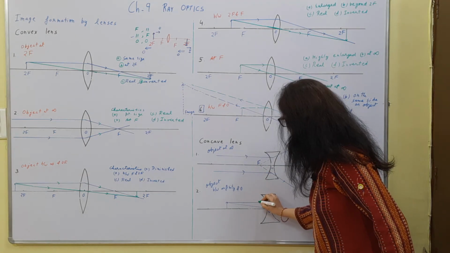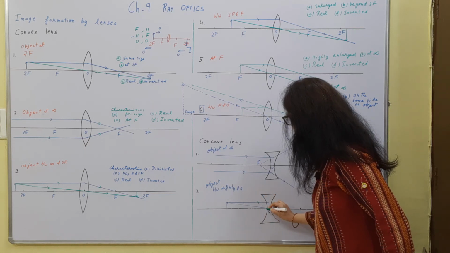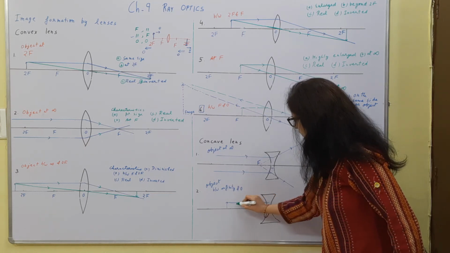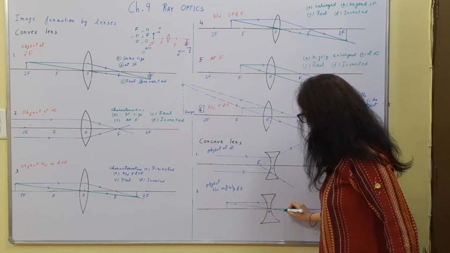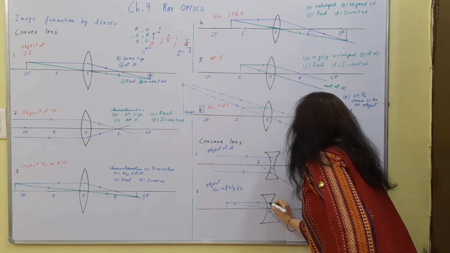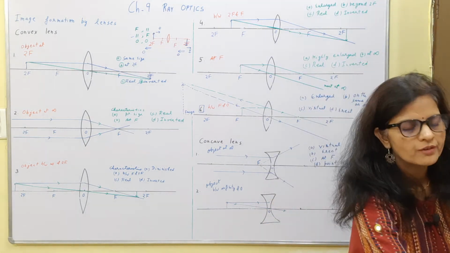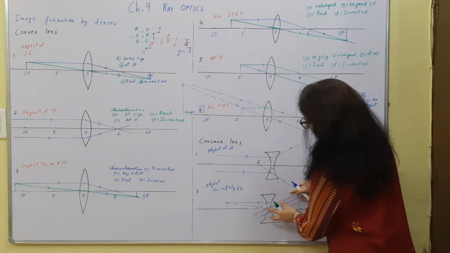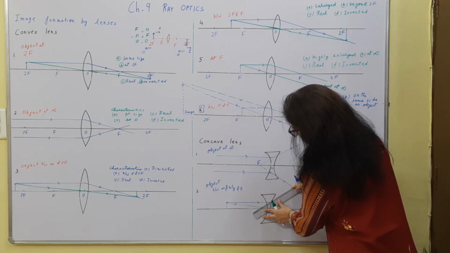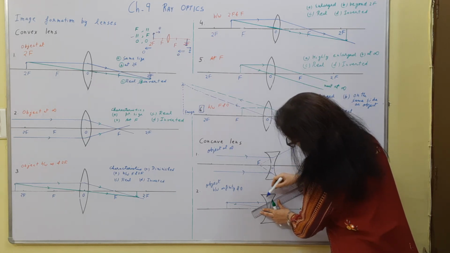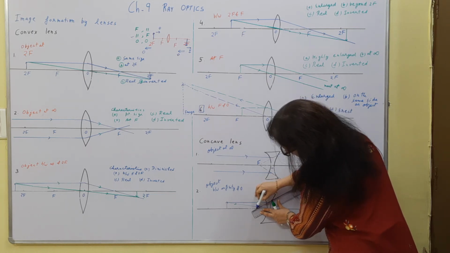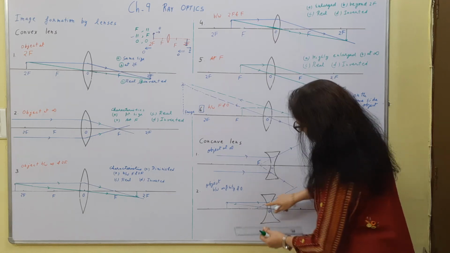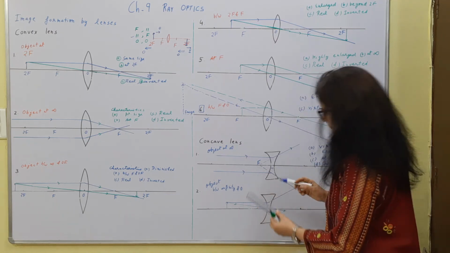The first ray is passing parallel to the principal axis. This will go undeviated, and this will refract in such a way that it will appear to be coming from focus, right?